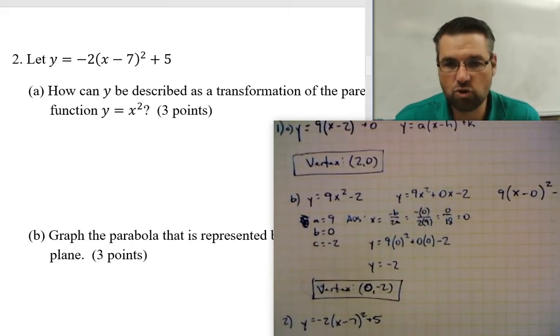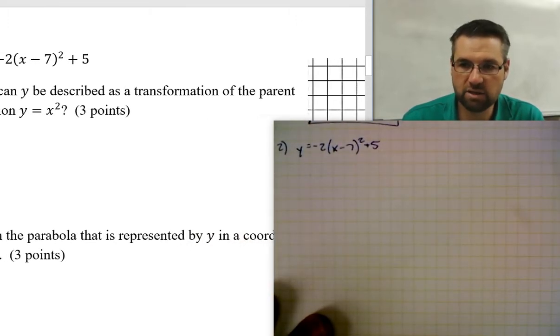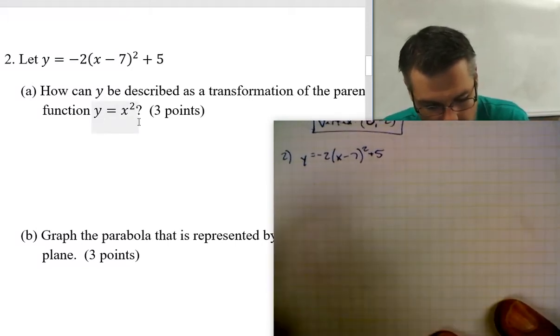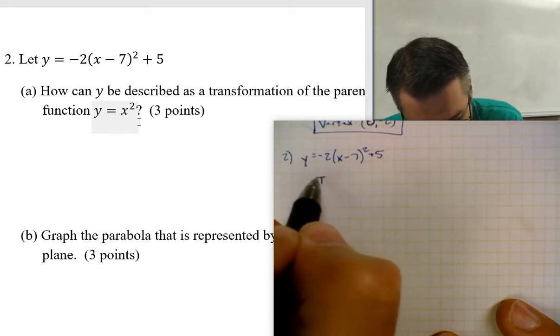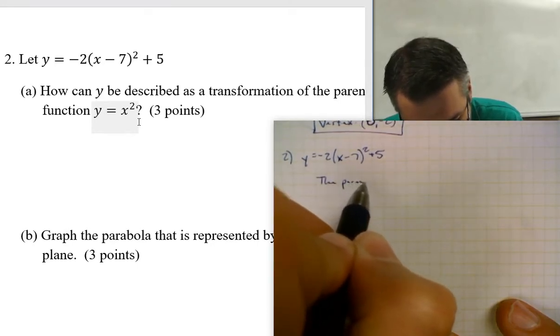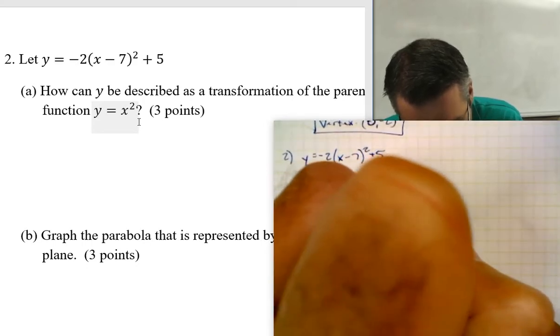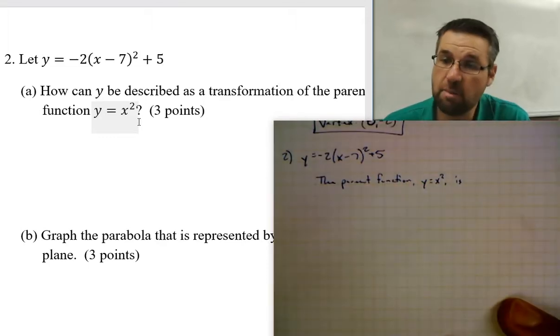And it says to describe the transformation of the parent function y equals x squared. Okay? So remember when we describe the transformation, we always start off with the same thing. We say the parent function of y equals x squared is, the first thing we talk about is a reflection.